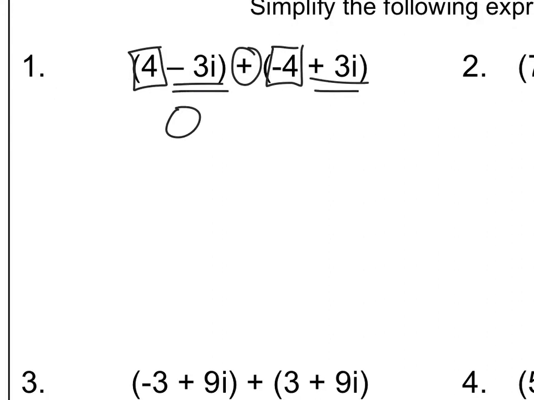Those are like terms because they have the same variable and the same exponent. So -3i and +3i is 0 as well. So I'm just going to put a 0i here. Anytime I have 0 and 0i, my answer is just 0. In this case, I don't have an imaginary number left. All I have is the real number 0.